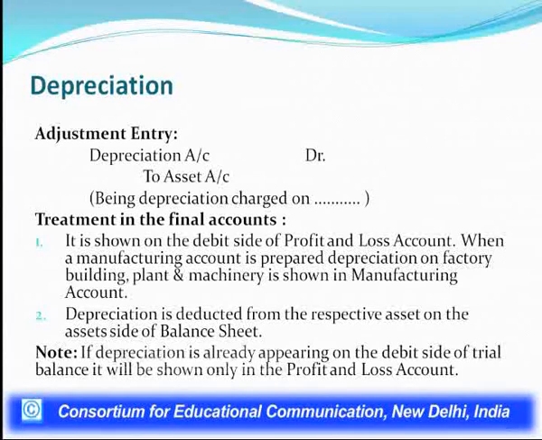While preparing balance sheet, this depreciation charged during the current year is deducted from the respective asset in the balance sheet. Like depreciation on machinery shall be deducted from the machinery in balance sheet. Depreciation on furniture will be deducted from the furniture in the balance sheet. So the depreciation charged on different assets will be shown by deducting from the respective assets on the asset side of balance sheet.